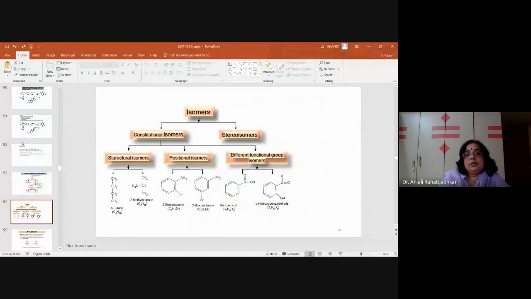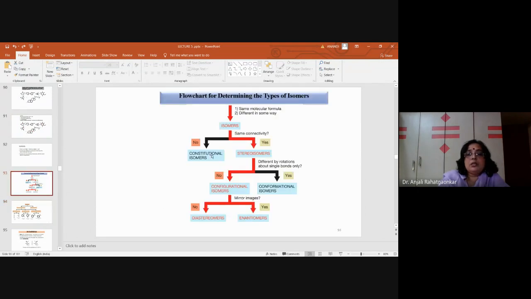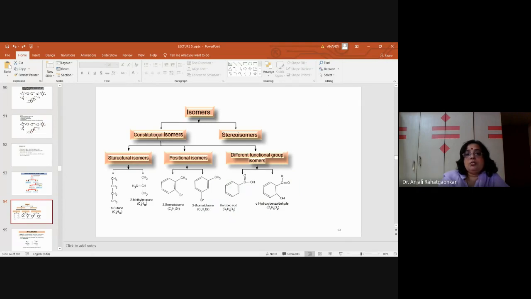Then this is the most important slide regarding the isomers: the constitutional isomers. Here the details about the constitutional isomers and the stereoisomers we will see later on. The constitutional isomers are divided into three types: the structural isomers, positional isomers, and the functional isomers.